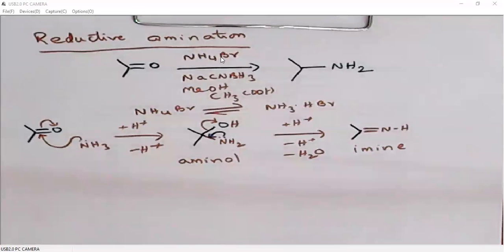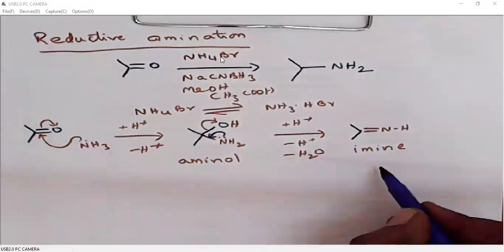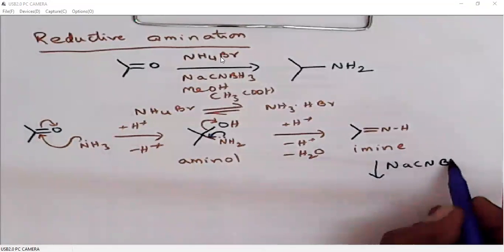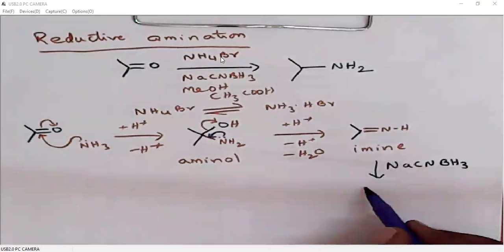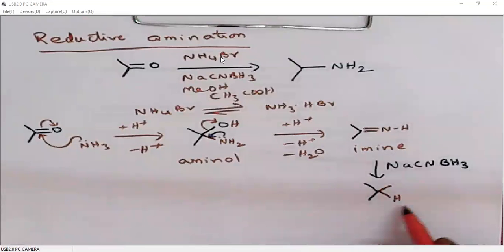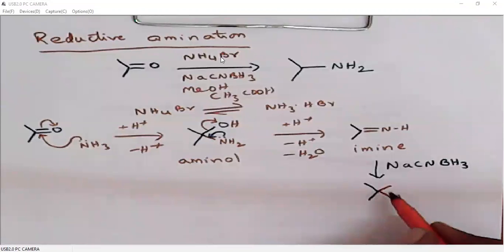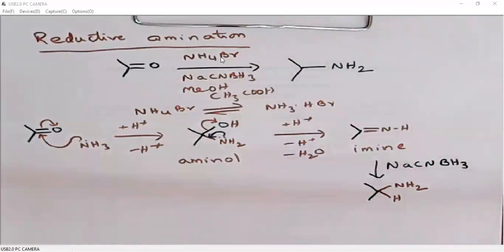When we treat an imine with sodium cyanoborohydride or any reducing agent, I will give the complete list of reducing agents, then the imine will undergo reduction. A hydride transfer takes place from the reducing agent. So the C double bond N breaks down and it becomes C single bond N. Now it takes a minus charge, and at the end of the reaction, when we add water or dilute acid, that N minus will take a proton.